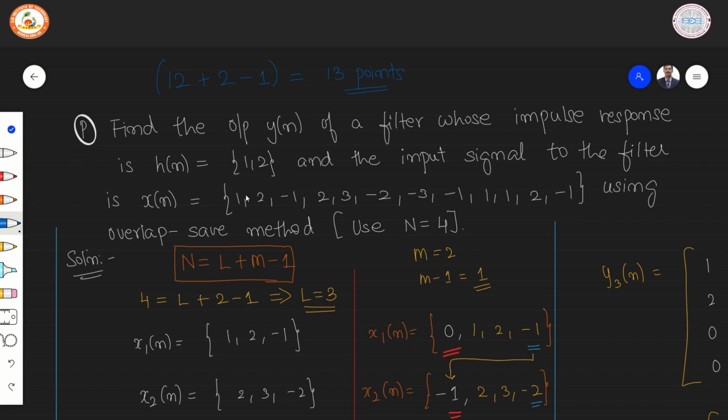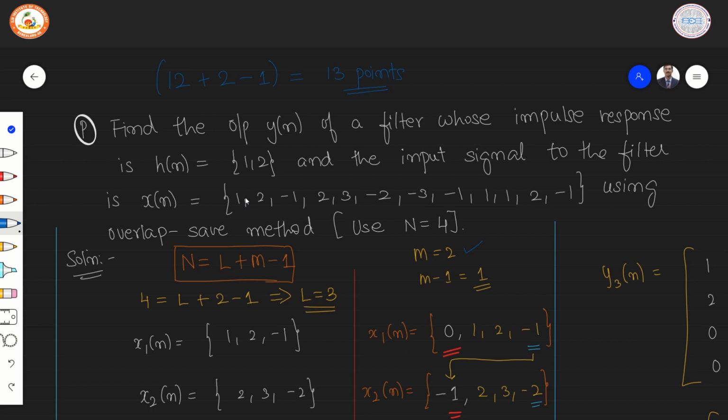L is the number of data points we take to create each block. M is the length of the impulse response. Impulse response is of length 2 in this particular problem, and the L value can be calculated using the value of N. We solve and obtain the value of L to be 3.